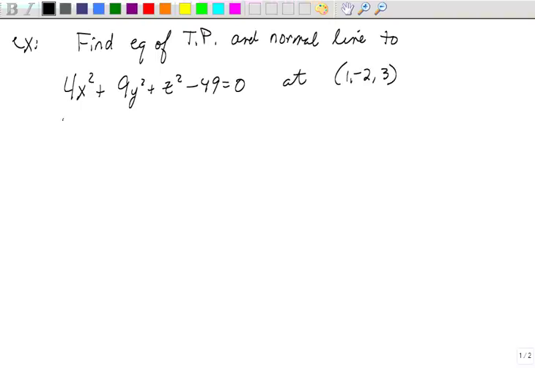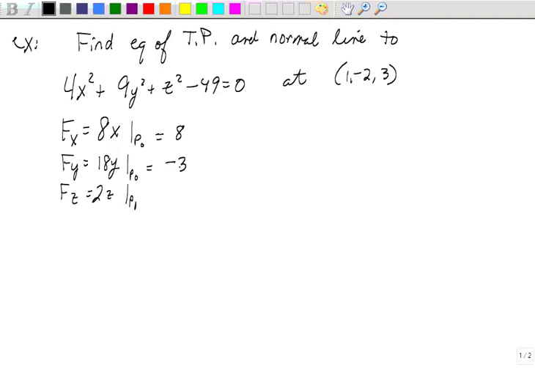Okay, so first we take the partials. And we'll evaluate it at the point. So if x is 1, it's going to be 8. If y is negative 2, that's negative 36. And if z is 3, that's going to be 6.